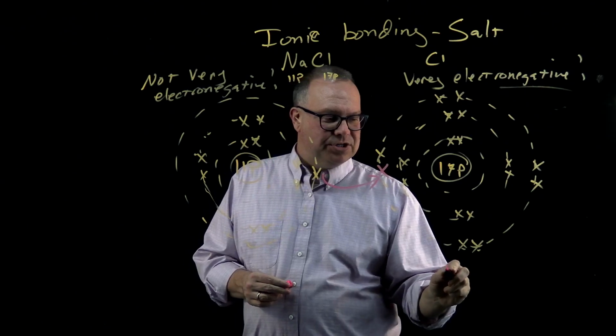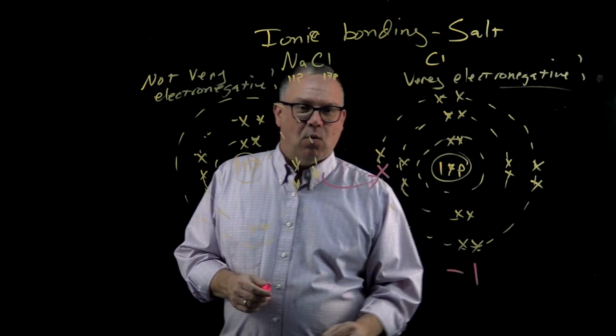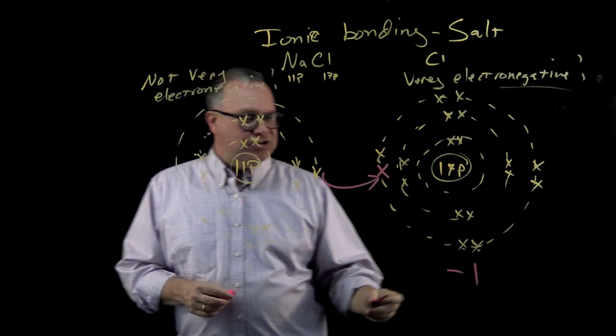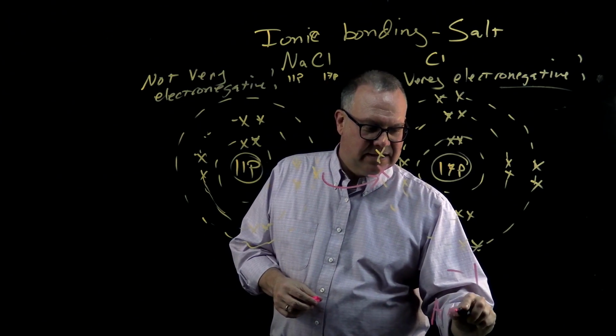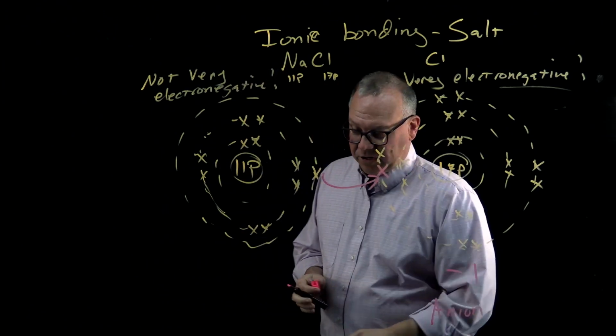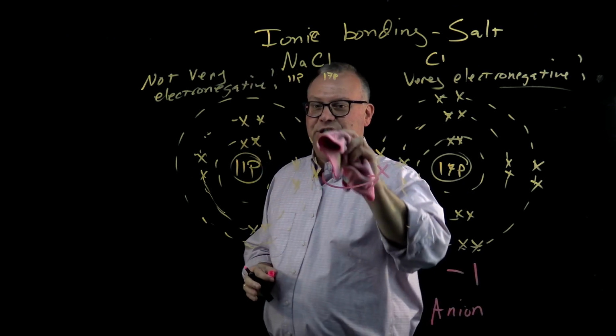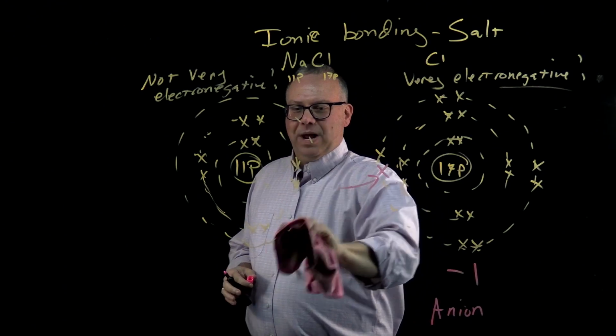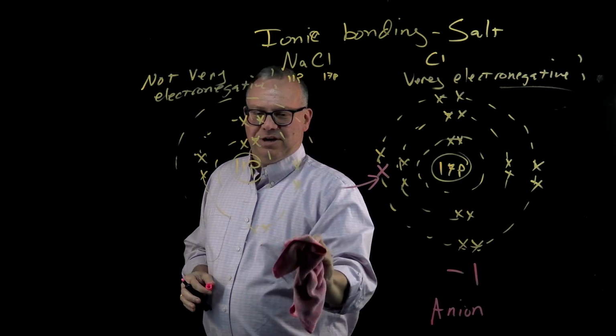It now has the charge of -1 because it has an extra electron. We would call this an anion. Over here, this shell just goes away. Try to erase it as best I can.